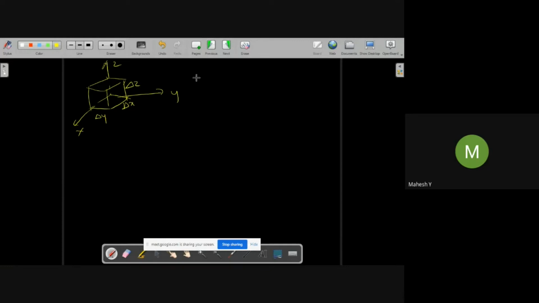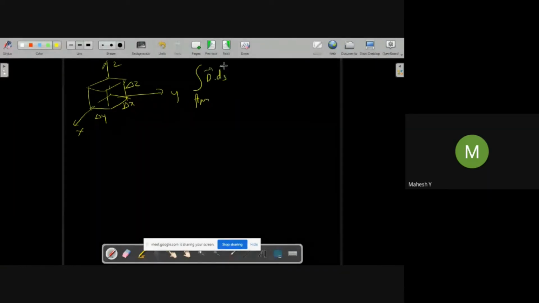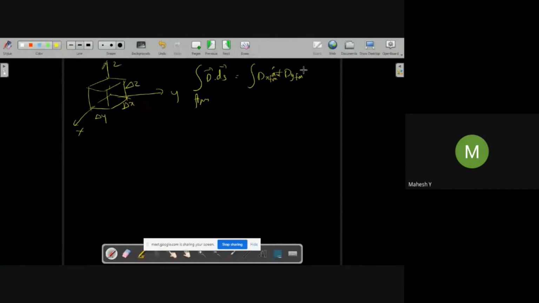Okay. So we want integral front d dot ds, where d will be dx front ax cap plus dy front ay cap plus dz front az cap dot, here as we discussed it will be delta y into delta z ax cap.